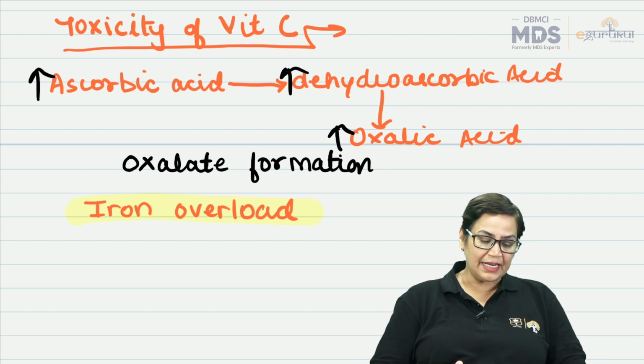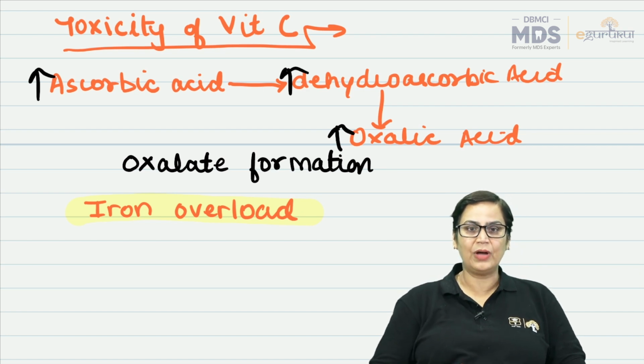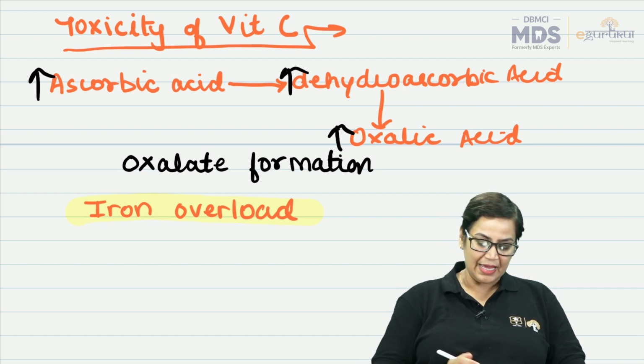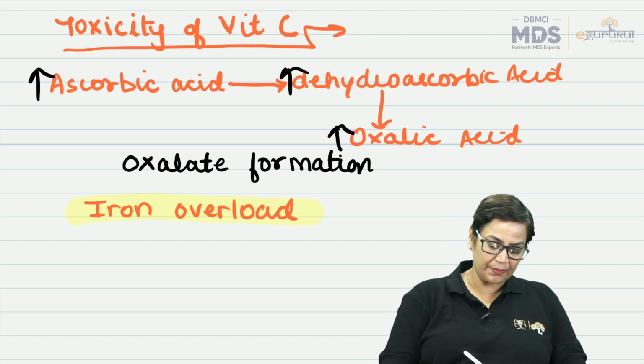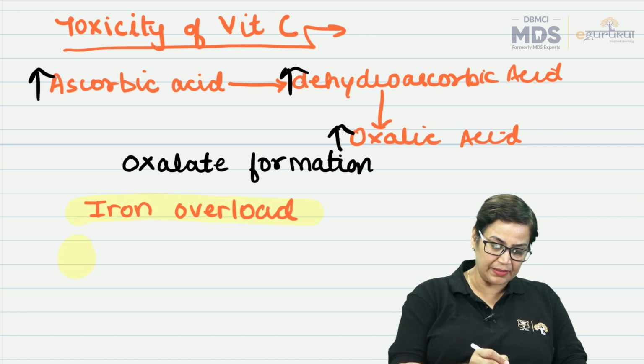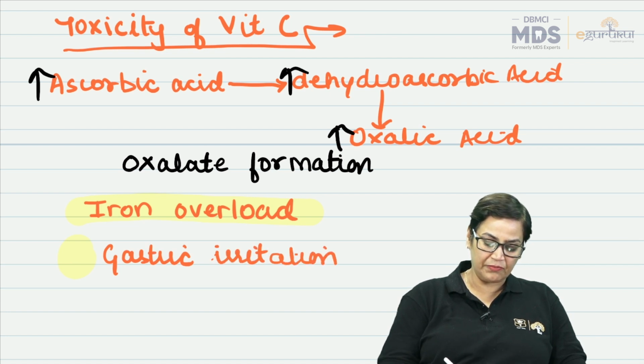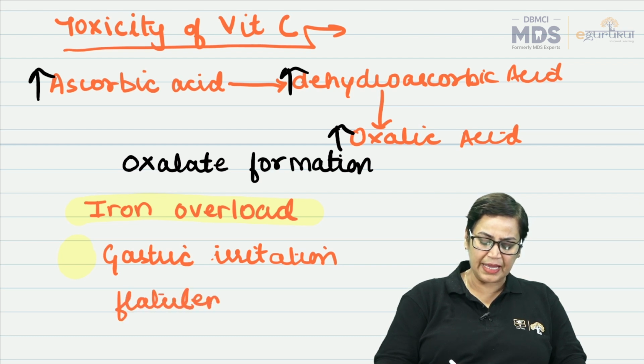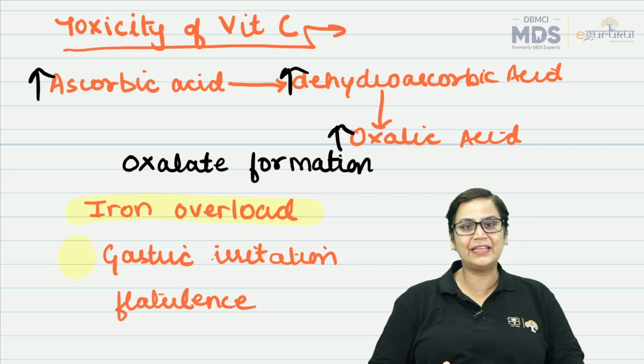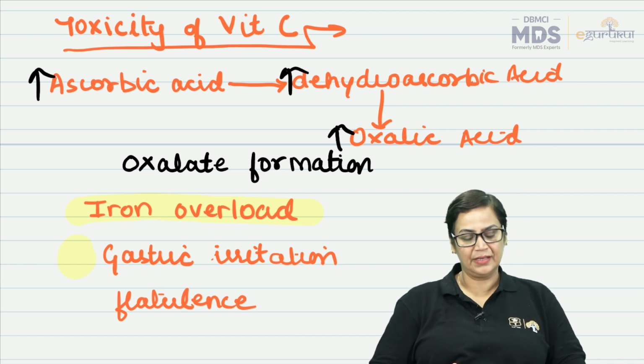So obviously that is why it is recommended to have vitamin C in the recommended dosage only, and it can finally lead to gastric irritation or flatulence. Hyperacidity will be there due to increased intake of this.